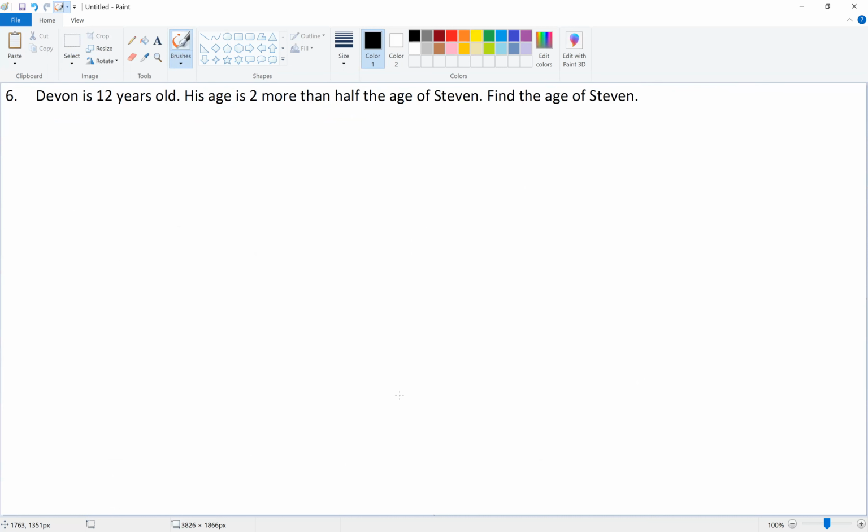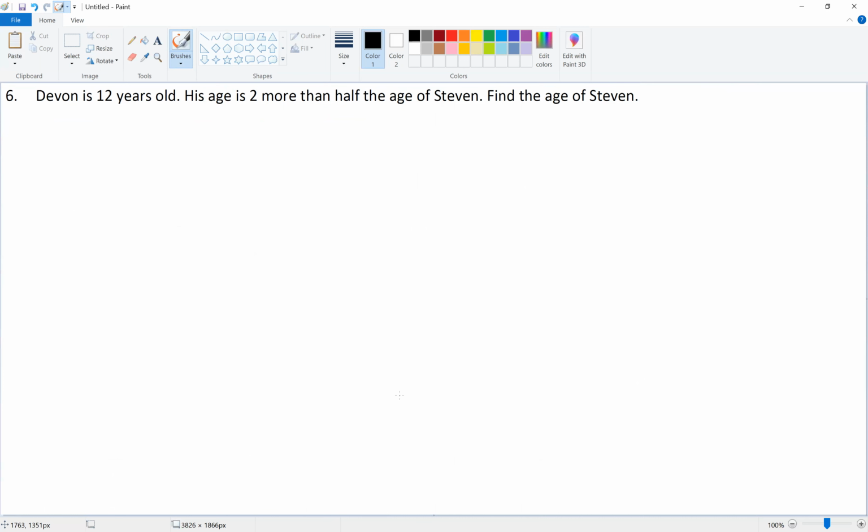Okay. Isha. It says Devin is 12 years old. His age is 2 more than half of the age of Stephen. Find the age of Stephen. Okay.